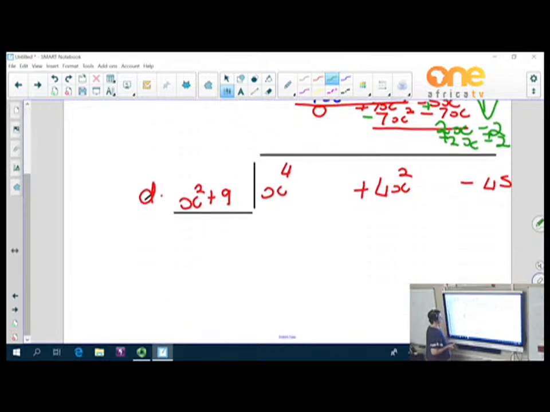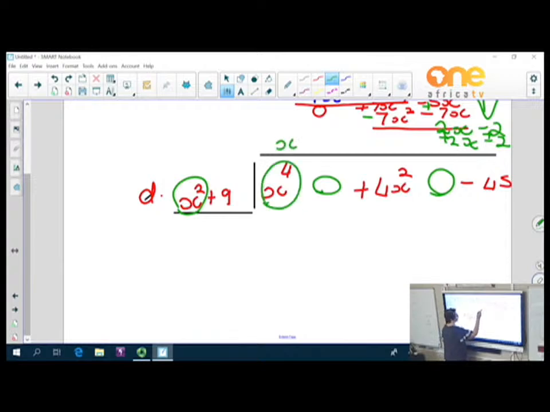Question D. Can you see that I left 2 open spaces here? Arrange them. First, leave out open spaces. Although we're dividing now here with x squared, it still works exactly the same. It will divide x squared times there.